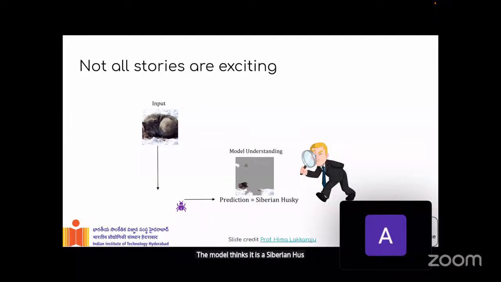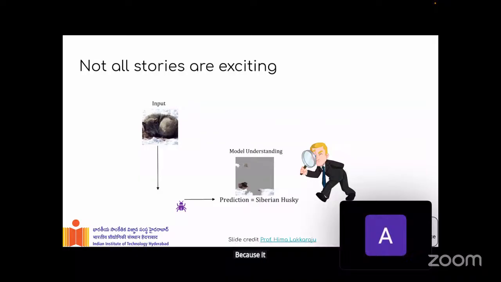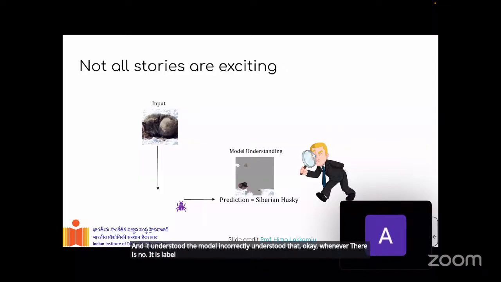It's not convincing. You don't want to buy such a model because there is a spurious correlation present between the input and the label. Maybe it happened that all of the Siberian Husky images had snow present in them, and the model incorrectly understood that whenever there is snow, it is labeled as Siberian Husky.